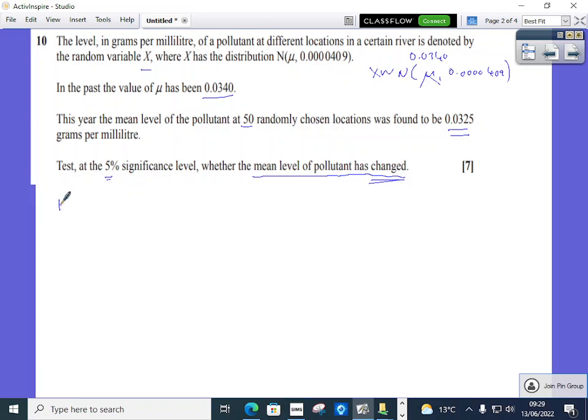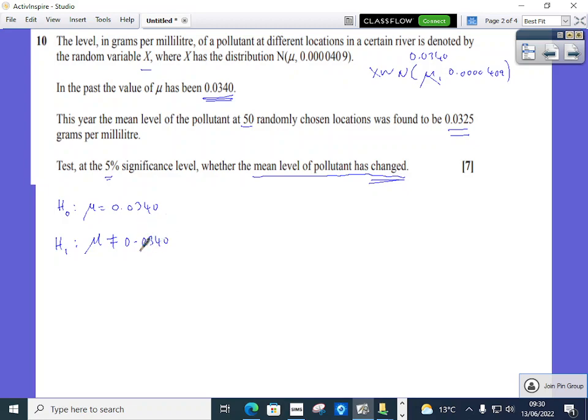First of all, you write your null hypothesis, and you've got to call mu what it is: 0.0340. You could get a mark for that, and you get a mark for the alternative hypothesis. Has changed means it's no longer equal to. Don't put greater than or less than. We'll look at that later, but at this moment we just put has changed, which means does not equal that. Have we got enough evidence to make a claim it's not that, which means it's changed?